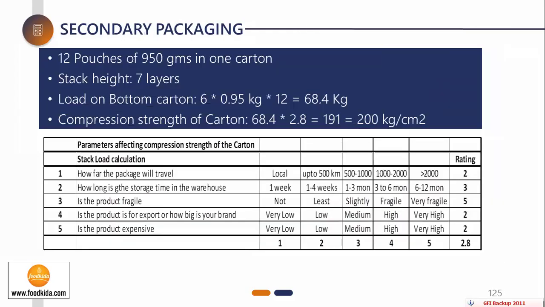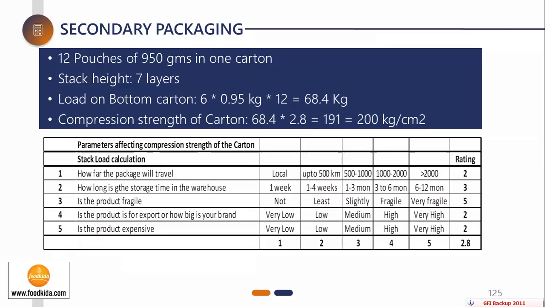So now we will go to our secondary package. How to choose a carton? We have issues with the secondary carton and deciding the stack height. Sometimes the lower carton buckles under pressure.